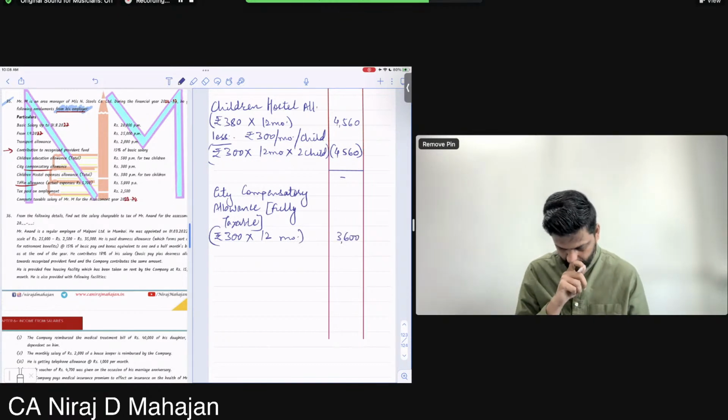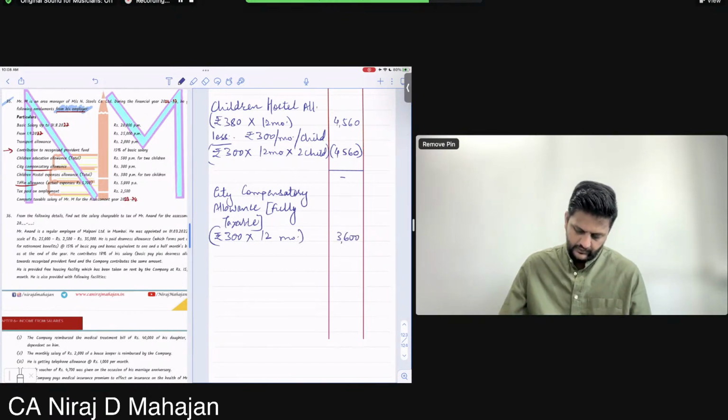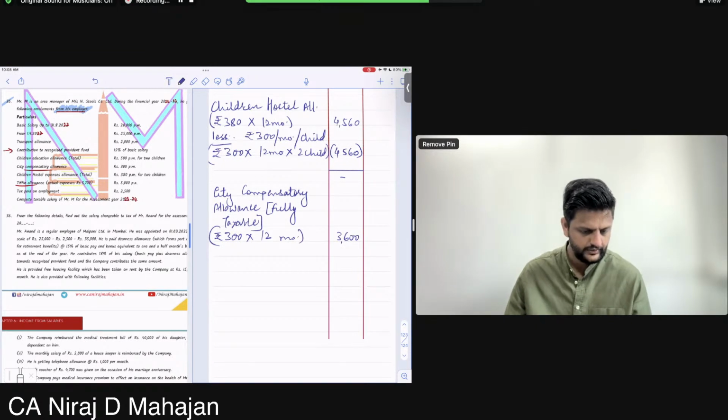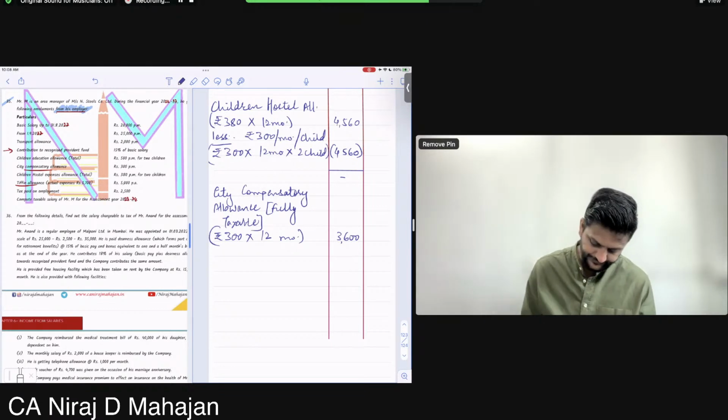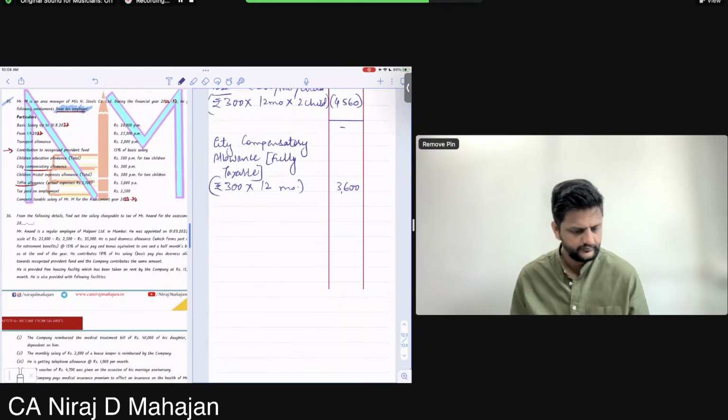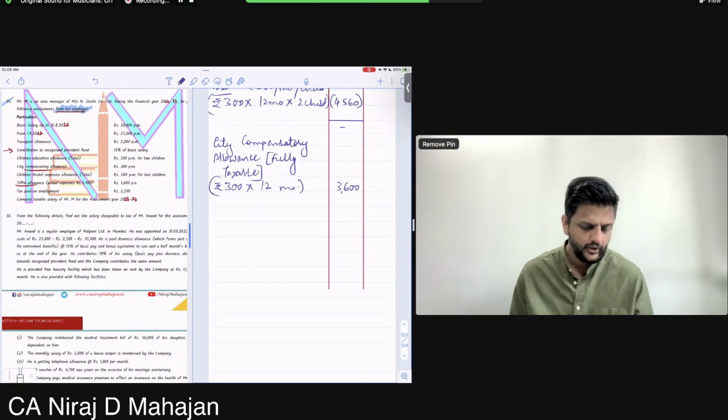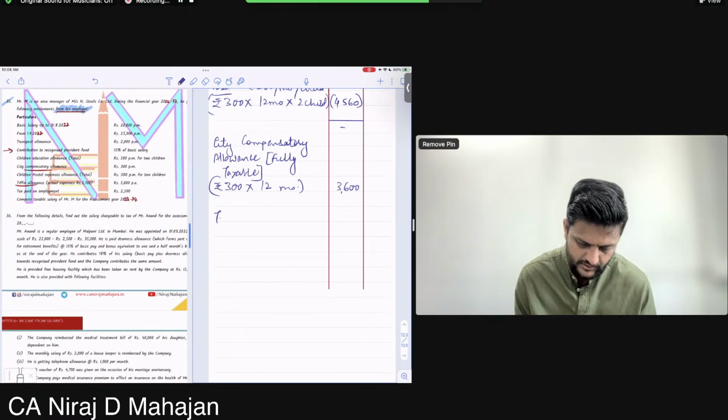Fine till here? There's nothing of 17 to 17.3 as it is. Fine. Great. There is 17.3, na? Recognized Provident Fund. Okay. What about tiffin allowance?